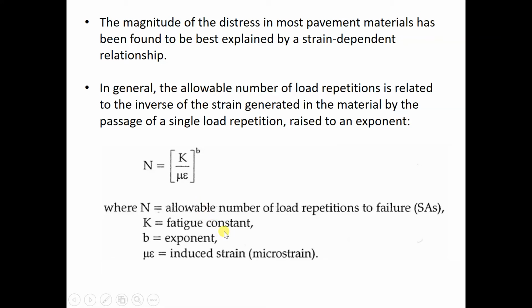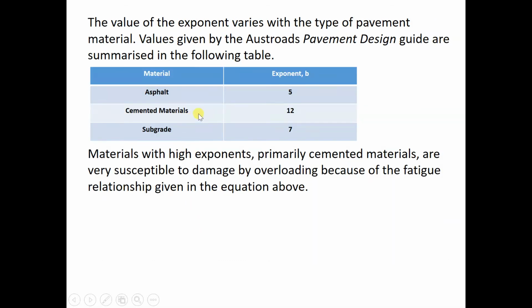When we do the pavement design, we have the option to consider whether you want to consider the cemented materials with cracking or without cracking. So that's for the exponent.